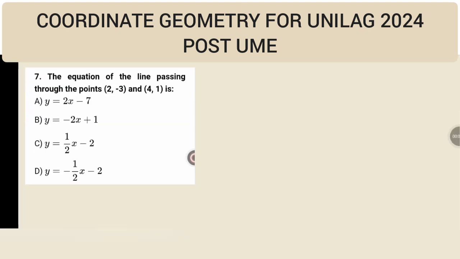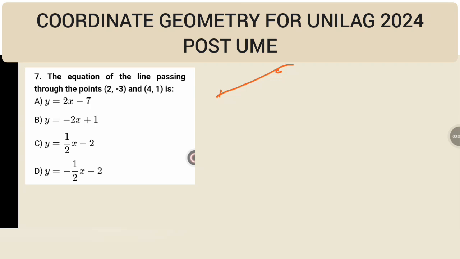The next question. So we're told that the equation of the line passing through the points, and this is dash. So we are given 2 points, and we have to find the equation of the line joining those 2 points. So these are the 2 points here. So you have to find the equation of this line joining these 2 points.